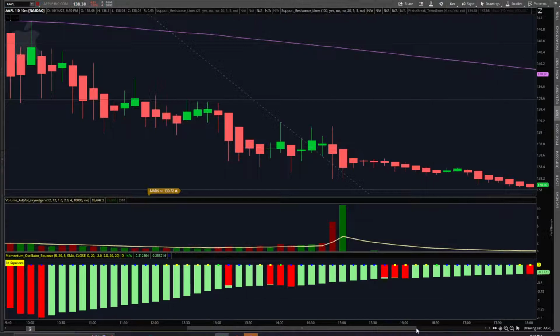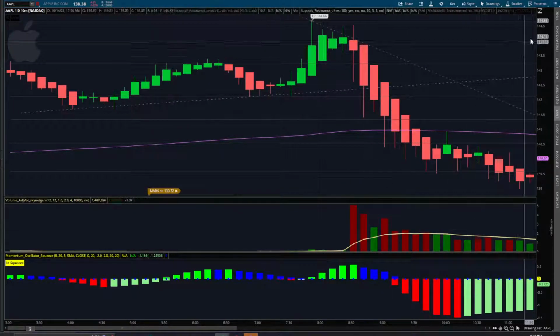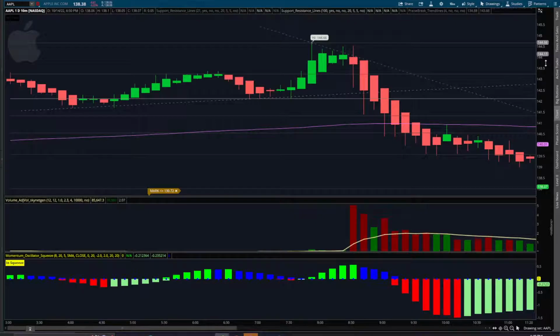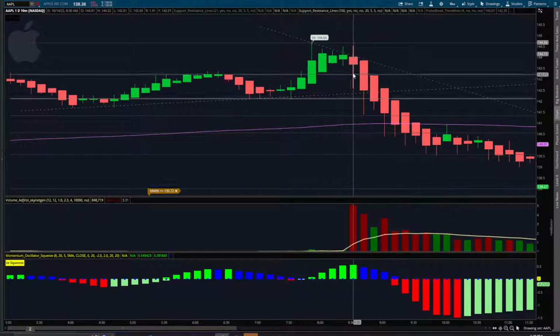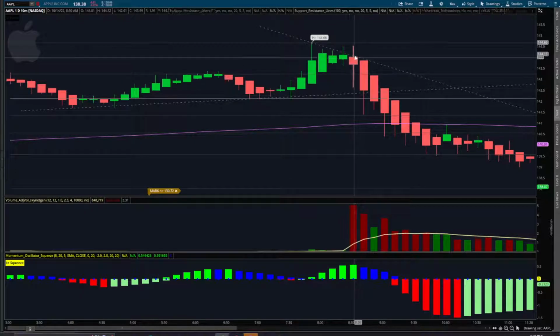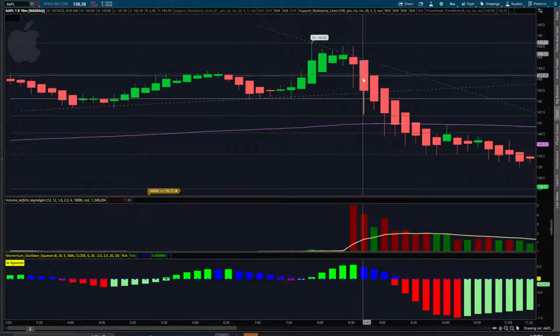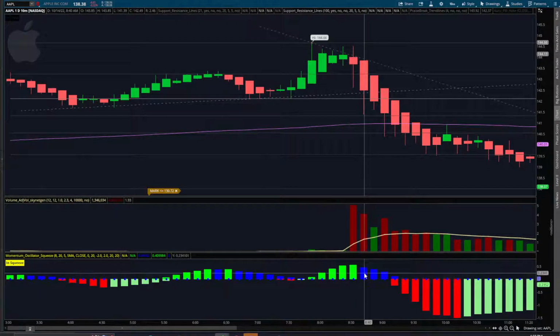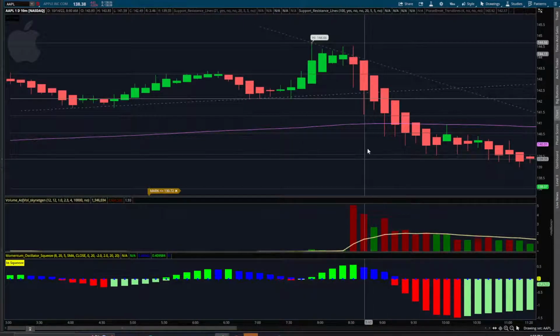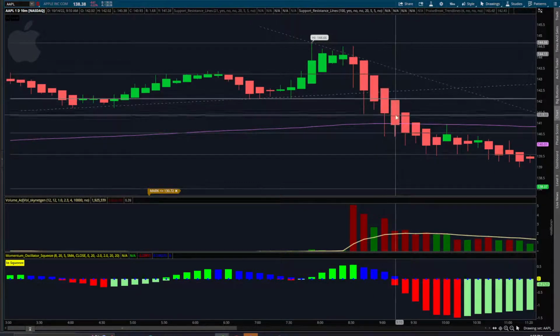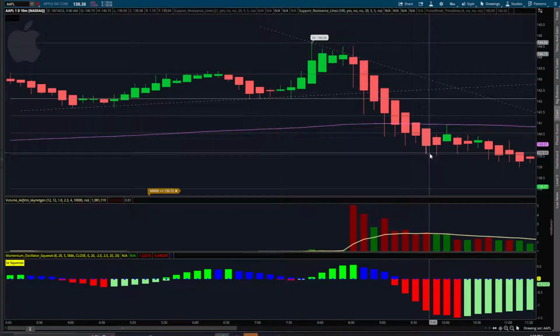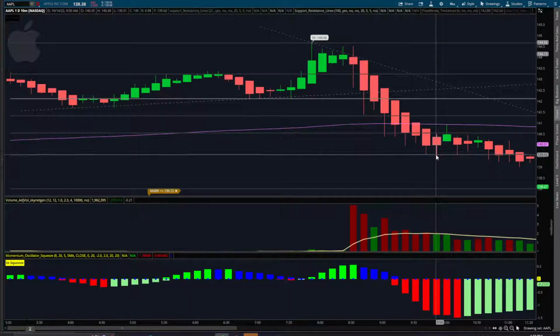Let's go to Apple really quick. This is my last one. Look at how choppy it is at the open. First 30-minute candle, indecision. Now we close with a flat top, red volume, losing momentum, going down, flat top, flat top, flat top, flat top, flat top, right here to 950.